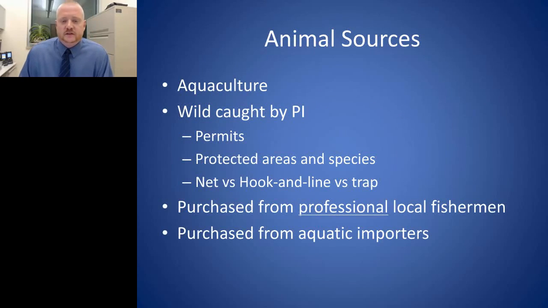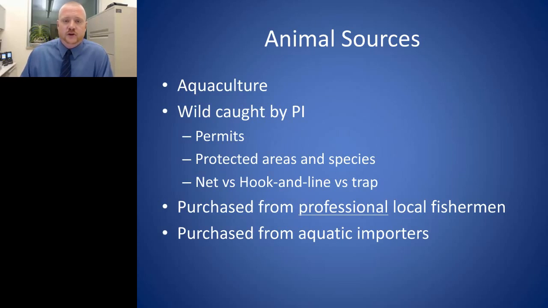So with these unusual species, we talk about where we get them from. What are our sources? Well, aquaculture is obviously a great place to start, and a lot of species are grown, maybe not in your area, but they're grown somewhere, and aquaculture is ideal. But if not, then you can go with wild caught, and sometimes the investigator is the one that can catch them.